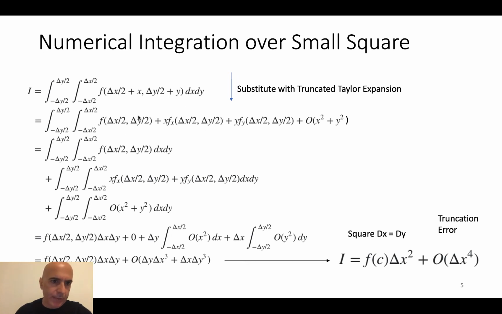We have the constant value, then a term multiplying x by the derivative of f in x, a term multiplying y by the derivative in y, plus the truncation error. So we can split this integral into at least three parts.